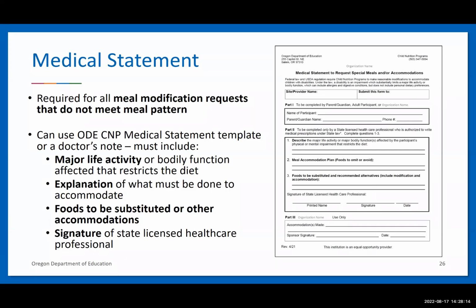The benefit of using the ODE CMP medical statement is that all requirements are listed on the form, and it includes fill-in sections for your organization to add your information.